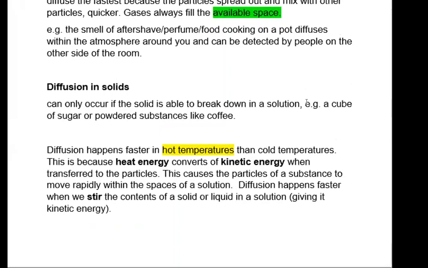This is because heat energy converts to kinetic energy when transferred to the particles. This causes the particles of a substance to move rapidly within the spaces of a solution. When something moves rapidly, it's moving fast in all directions. It doesn't have a particular system.